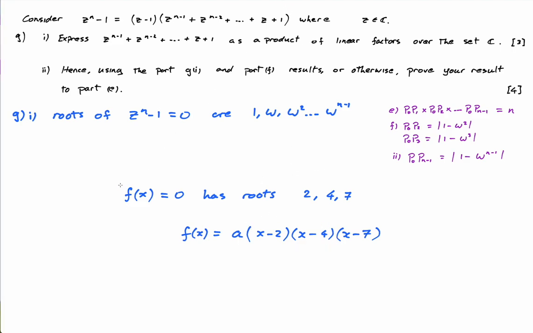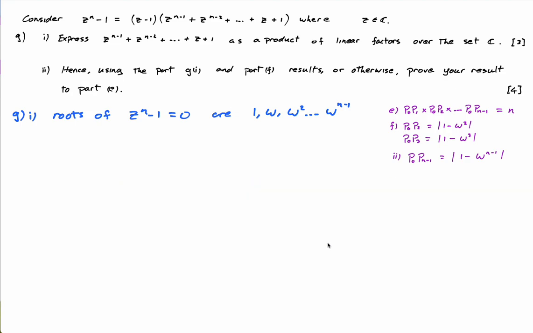So if I knew the roots of this, which I do, I can write z to the n minus 1 as z minus 1 times z minus omega times z minus omega squared times up to z minus omega to the n minus 1.